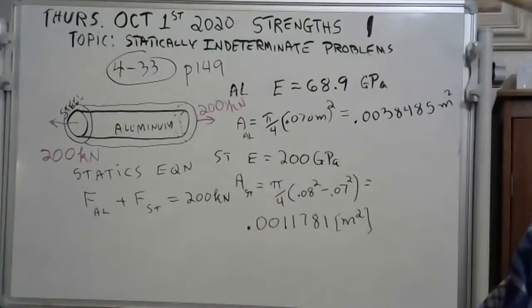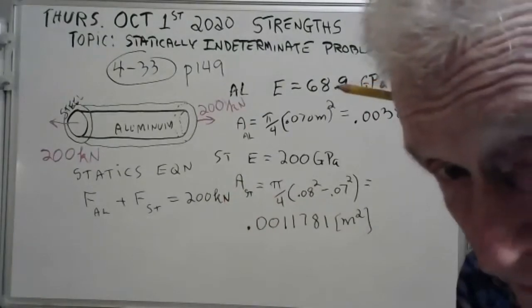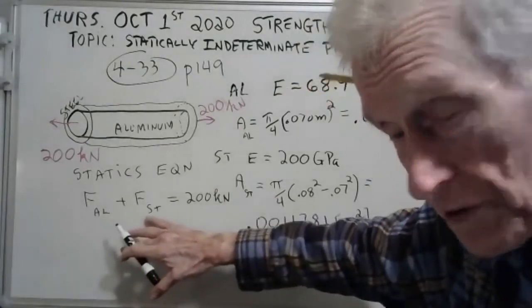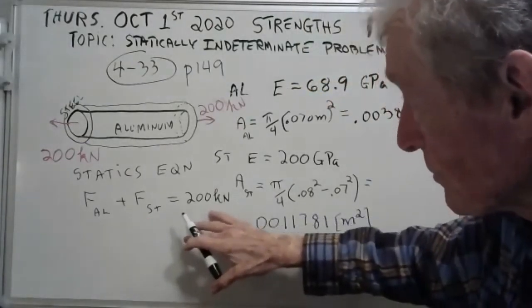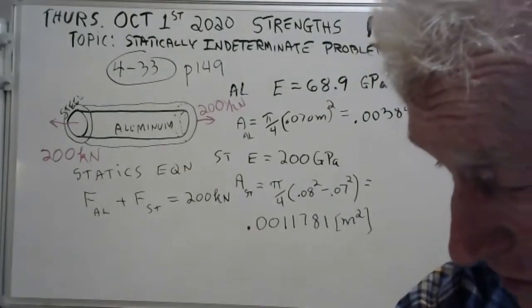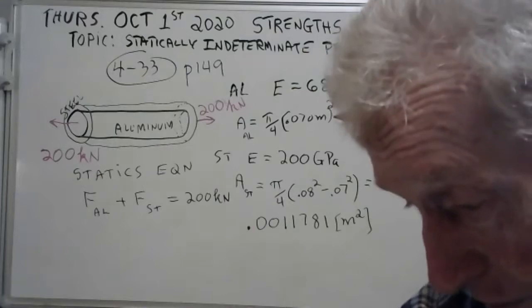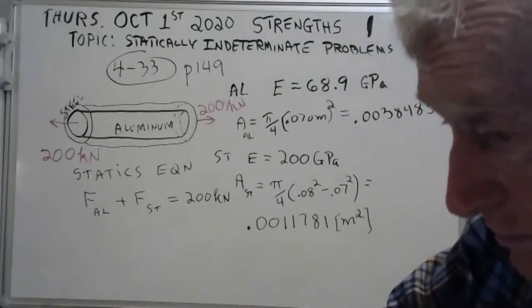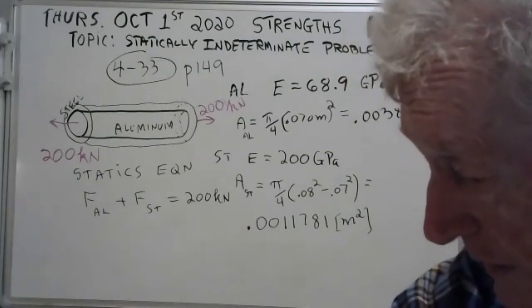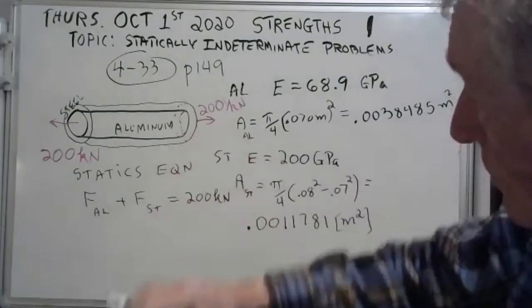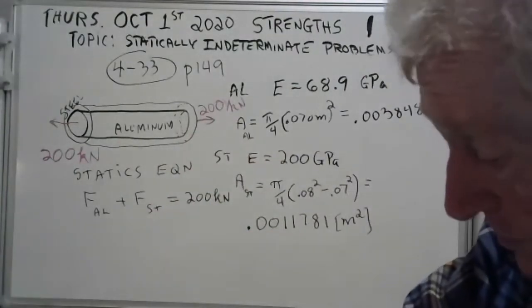That's your static equation. See it? Does that make sense to everybody? See, the aluminum is supporting part of the load, and the steel is supporting part of the load. And together, they're supporting 200 kilonewtons.